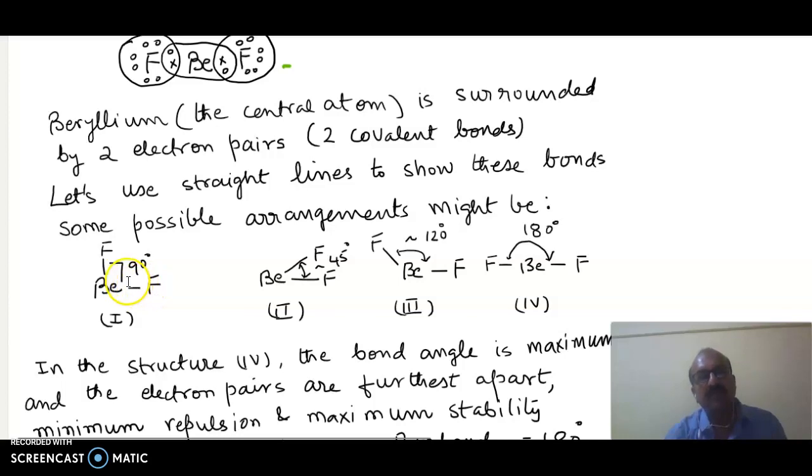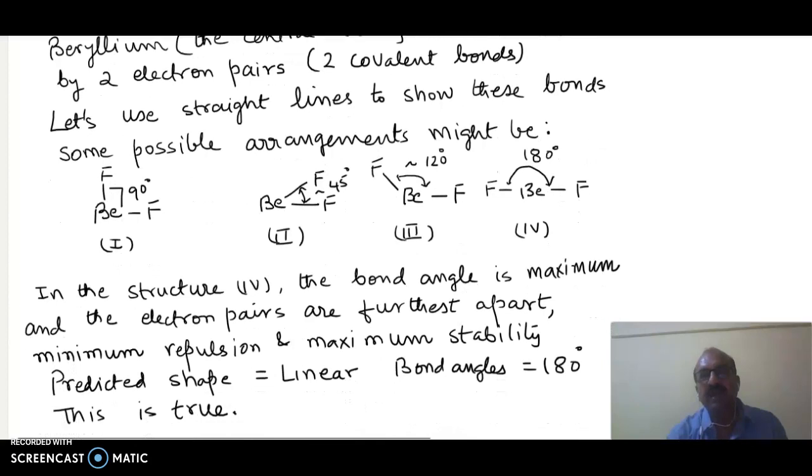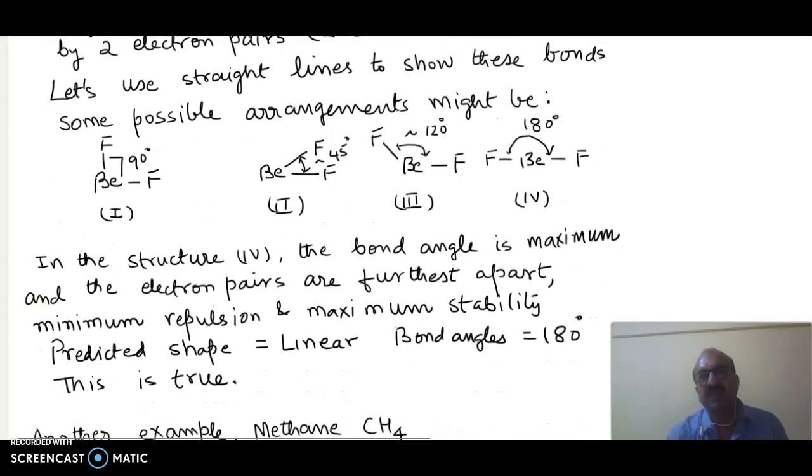So the bond angles might be 90 degrees, somewhere around 45 degrees, 120 degrees or 180 degrees. Now, which structure out of all these four will have minimum repulsion between the electron pairs so that there will be maximum stability?